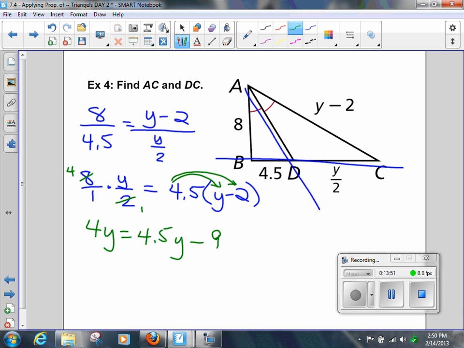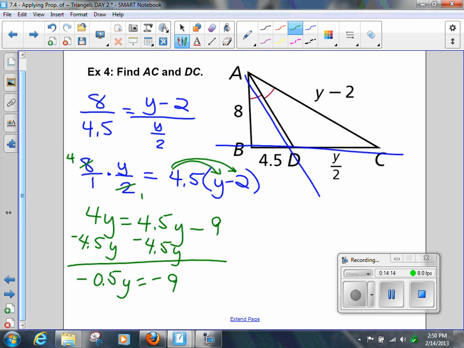Is that right? 4.5 times y is 4.5y. 4.5 times 2 is negative 9, right? And then minus 4.5, negative 0.5y equals negative 9. Is that right? Now what?